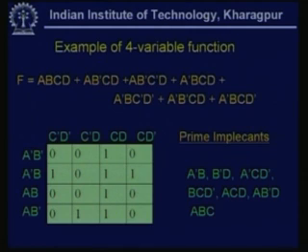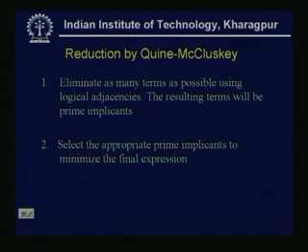Now, if it is a larger variable function, then the number of prime implicants will be more, if we consider all the quads, couples, octets, or for larger variables the hex box or the box containing 32 ones, 64 ones, then the number of possibilities of grouping will be more, and it will be almost impossible, or even if it is possible, it will be very slow to do that reduction graphically.